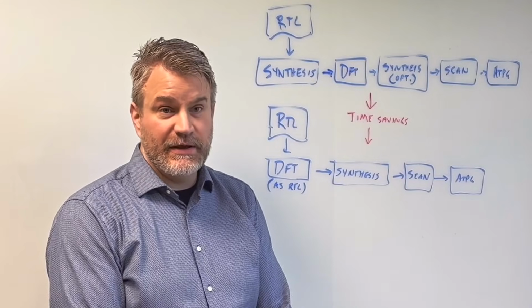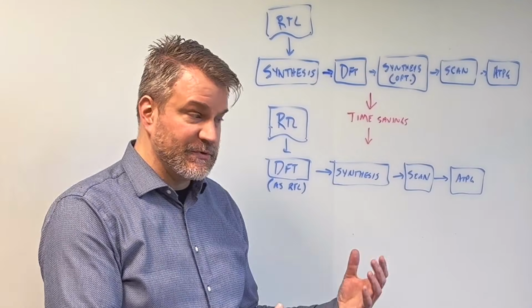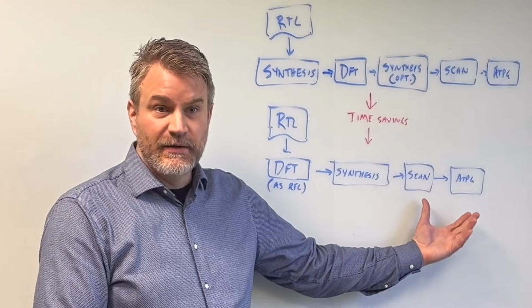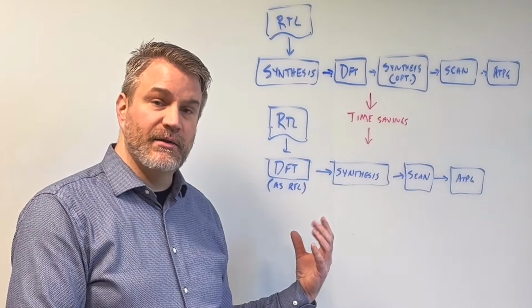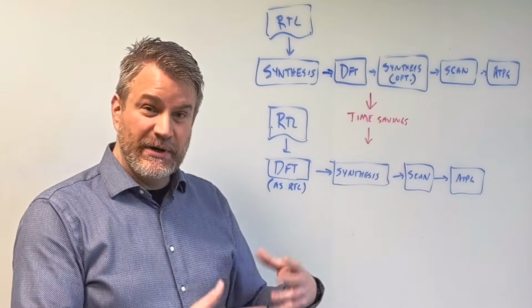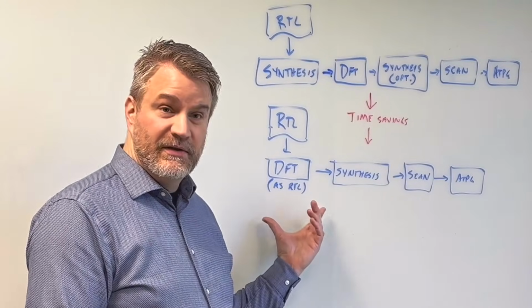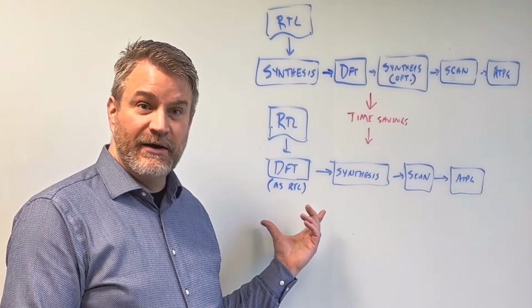Sure, and really, Ed, it's all about learning more about what you have in the design as early as you can in the process. So, 2.5D, 3D, again, it's all hierarchical. We have the ability to insert wrapper cells at RTL.